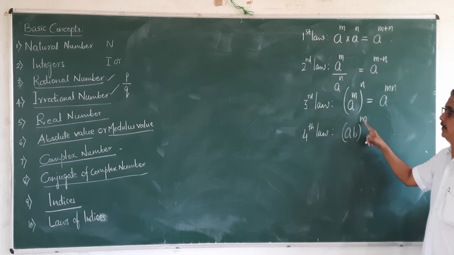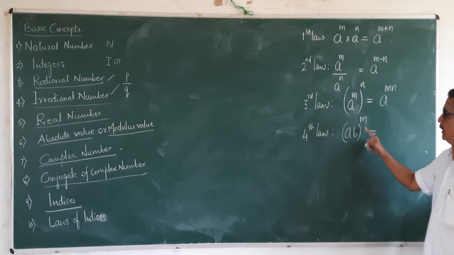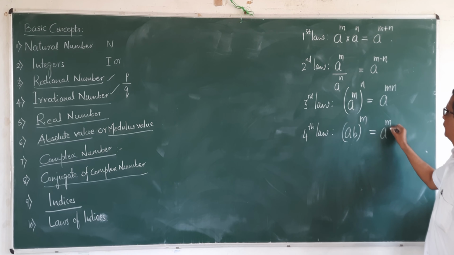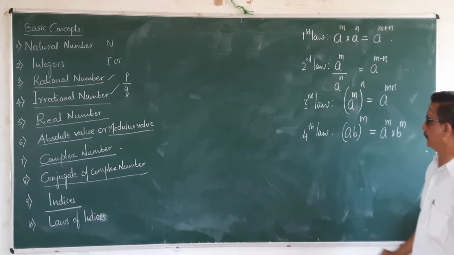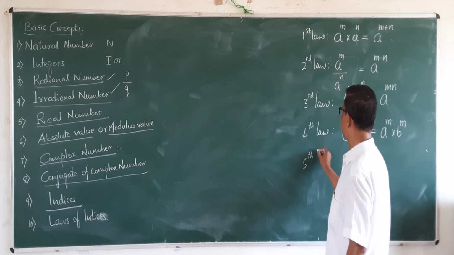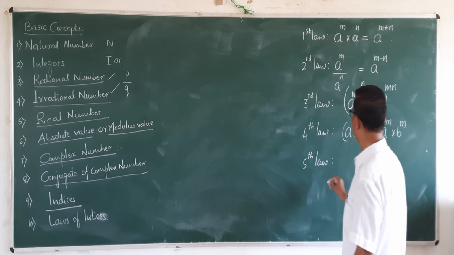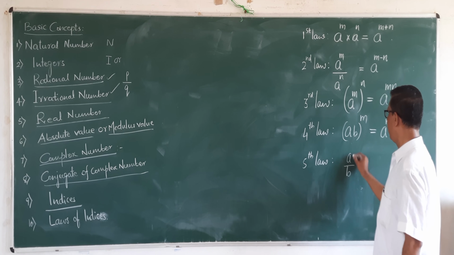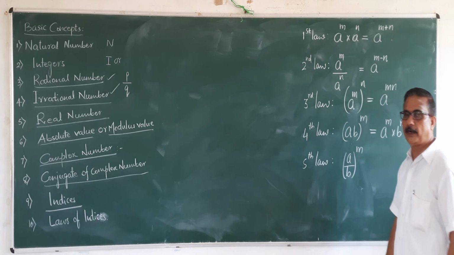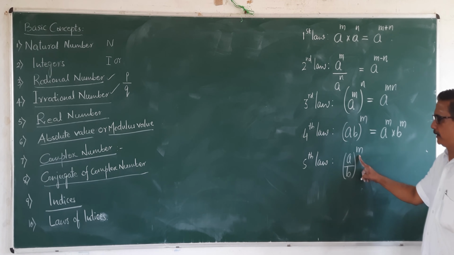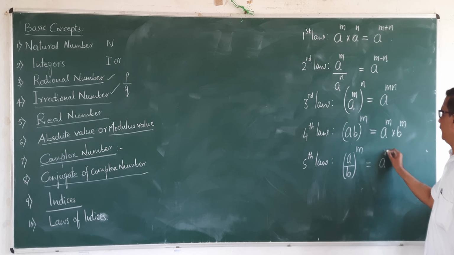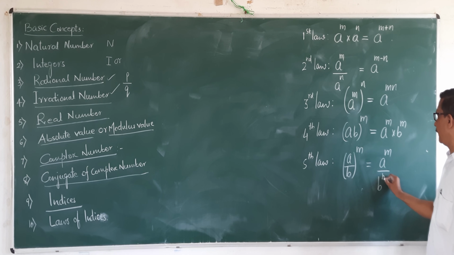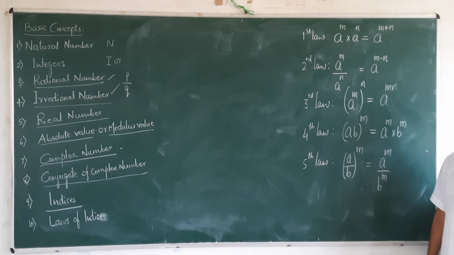How to write this? a power m into b power m. Then the fifth law says a upon b whole power m. Power only one, different bases. We write a power m divided by b power m.